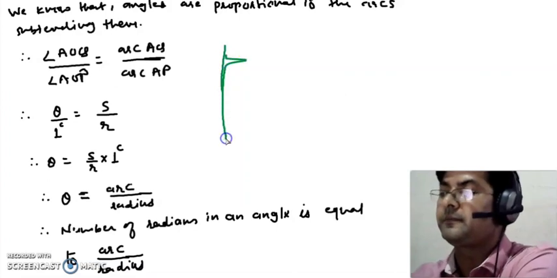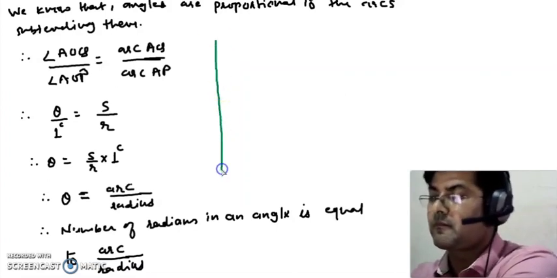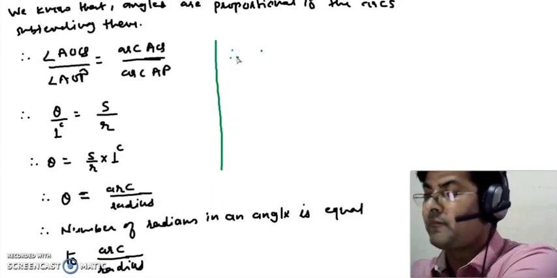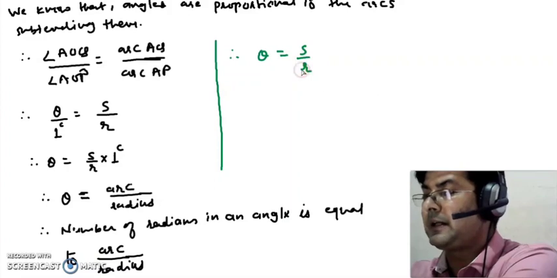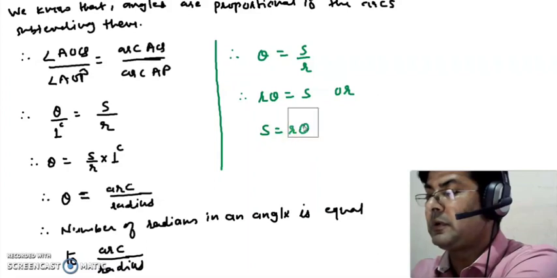Therefore theta is equal to S by R, and therefore R theta is equal to S, or S is equal to R theta.